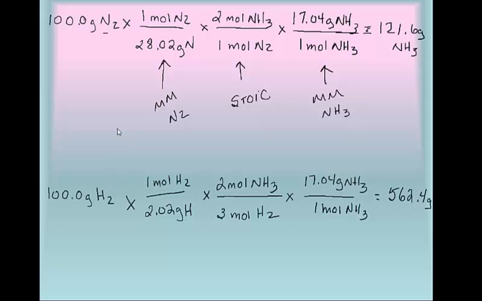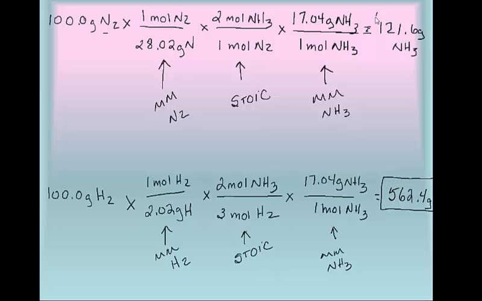All right, and again, here's my molar mass, this time of hydrogen gas, which is the second reactant. Here's my stoichiometry according to the balanced chemical equation. And here's my molar mass of my product. So here are two answers.